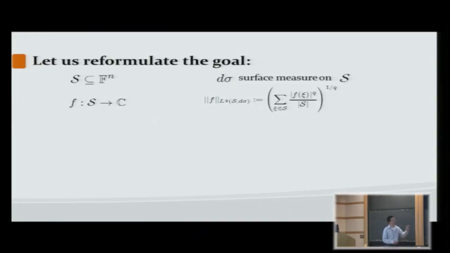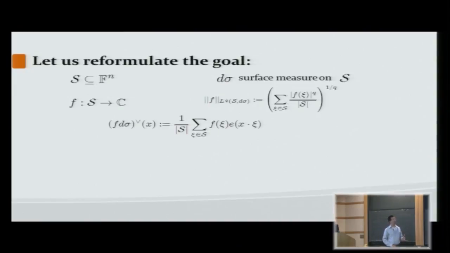So I'm just taking the L^q norm and normalizing by the size of the set. Everything is going to be discrete, so you don't need to worry about measures being complicated.